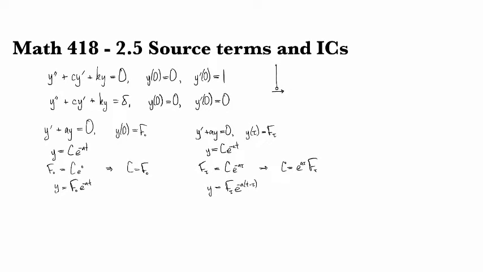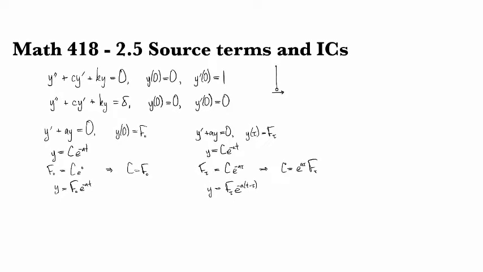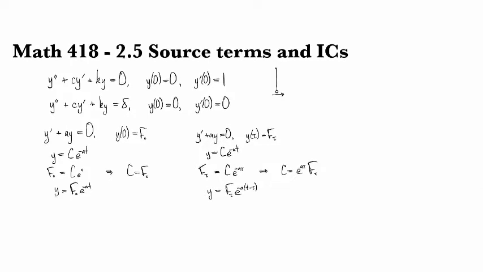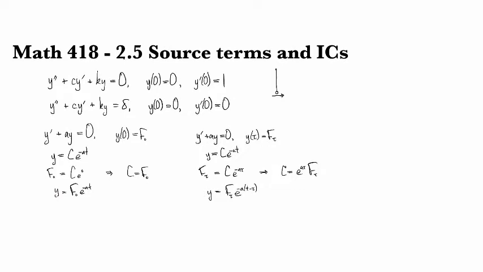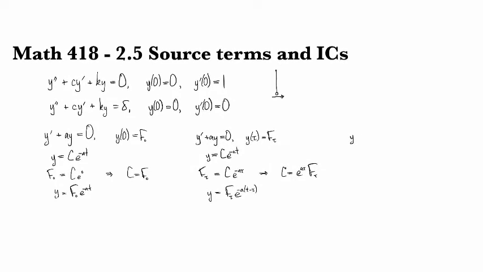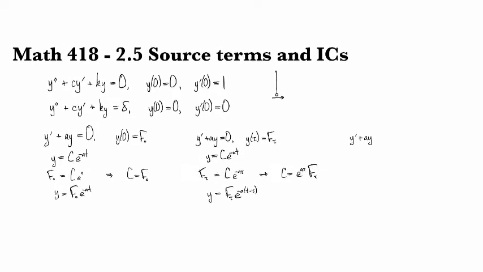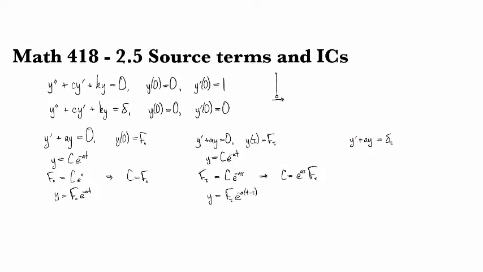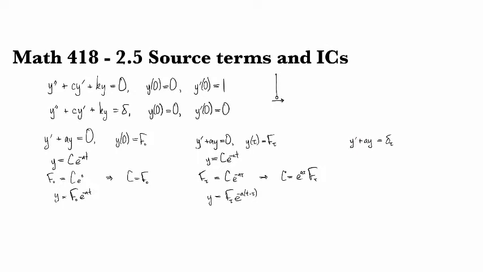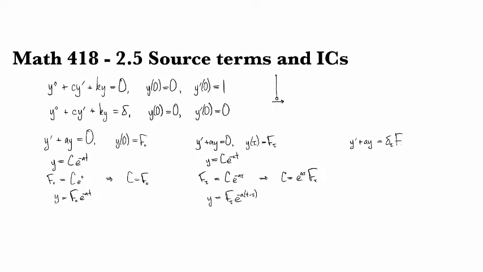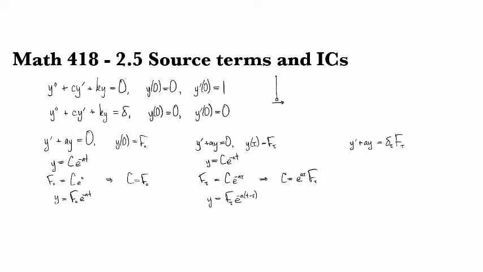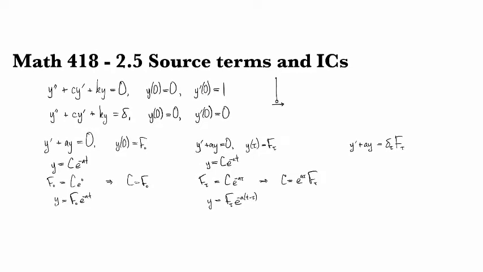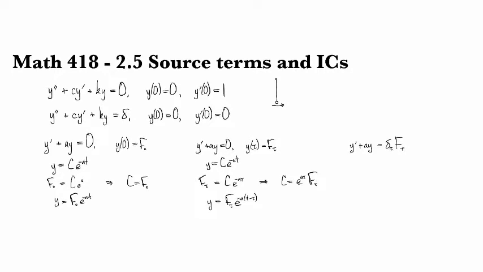So this looks like we've shifted things forward in time, right? Then for a final point of comparison, consider if we had y prime plus ay equals Dirac delta located at time tau and coming in with magnitude or force f tau. Now this one is no longer separable, so you'd have to solve it using an integrating factor.